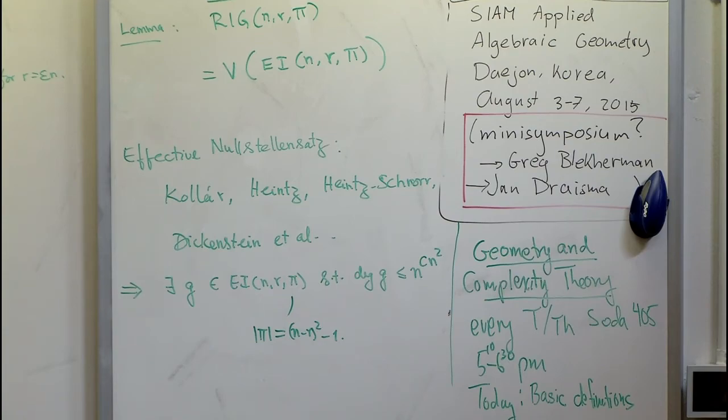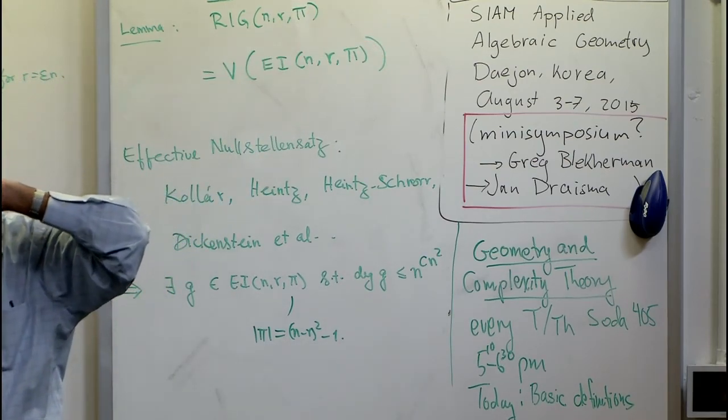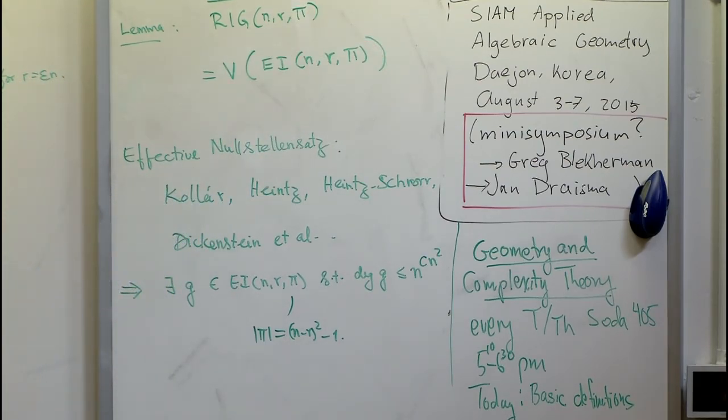So you do have to look at all patterns. I erased it, but the rigidity variety is the union of these varieties over all pi. But even if you have all these polynomials, it would be not trivial to prove for some specific matrix that it has high rigidity.